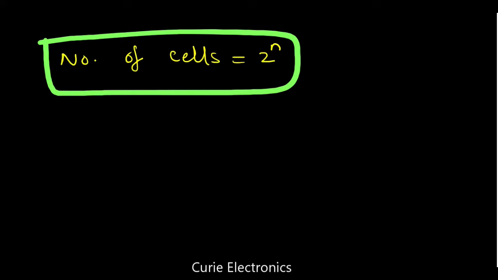So how many cells are required? By using the 2 to the power n equation we can find it. What is n here? n is the number of variables.